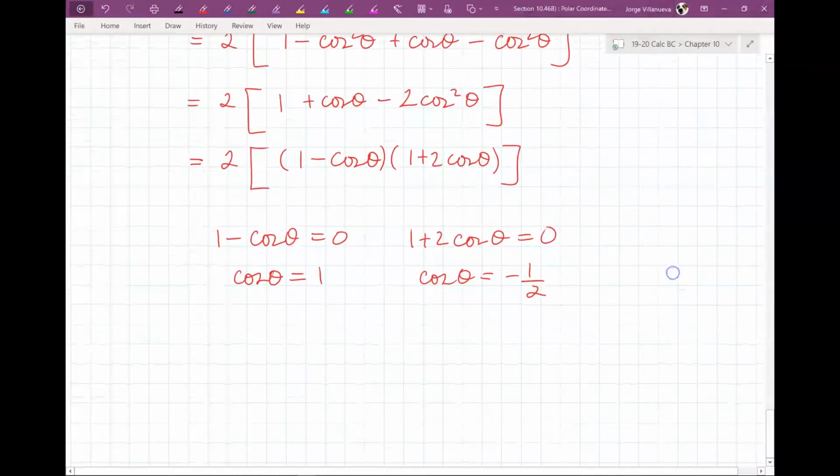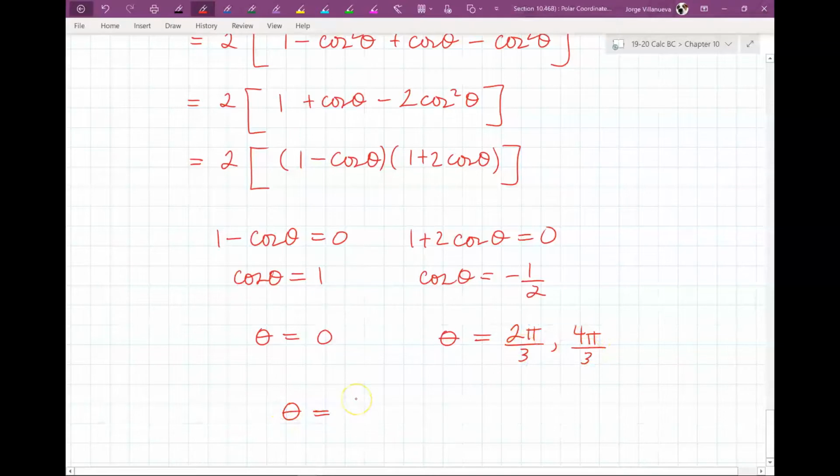The one part's easy because the only time that cosine theta is equal to 1 is at 0, not at pi, because at pi it's negative 1. And cosine theta equals negative half at 2 different places, 2 pi over 3 and 4 pi over 3. So our answers are going to happen at 0, 2 pi over 3 and 4 pi over 3.